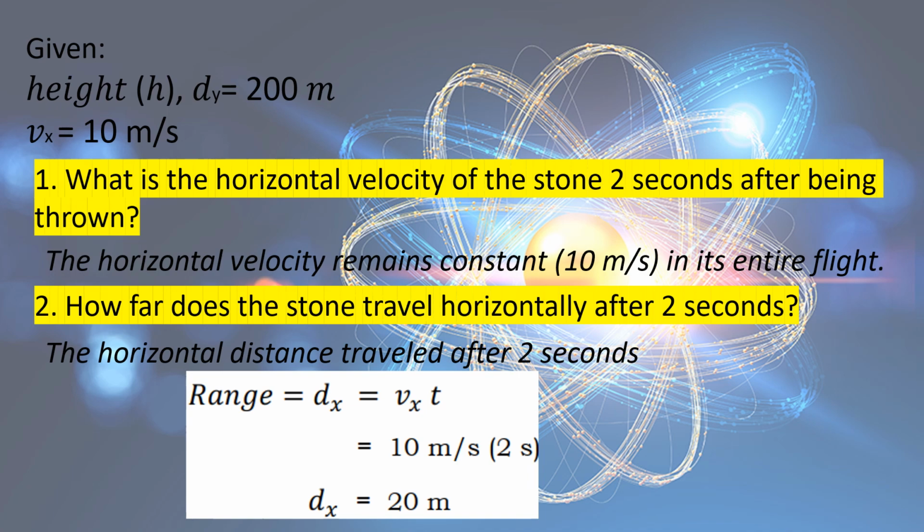So we just multiply 10 and 2. 10 times 2 is 20. Copy the unit meter and cancel out seconds. So the horizontal distance traveled by the stone after 2 seconds is 20 meters.